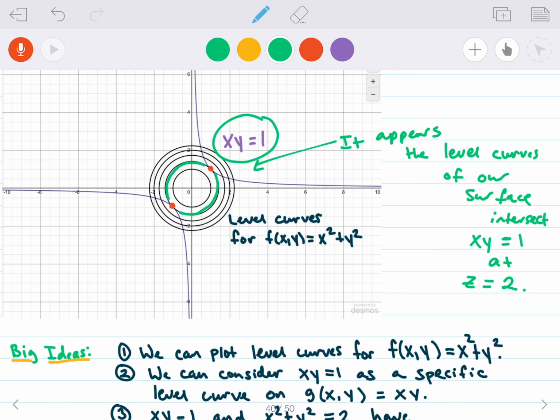Now, we can think of this xy equals 1 as a specific level curve on the function g of xy equals xy. So this is a function, and this is a level curve on the function. The level curves are intersecting right here, and again, that is at a height of 2, where x squared plus y squared is equal to 2.